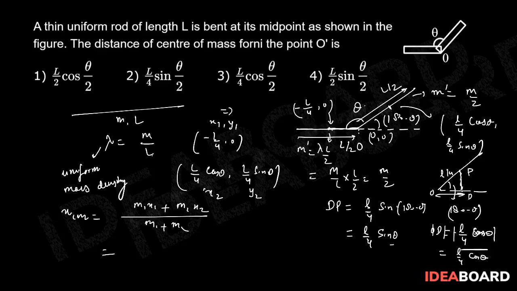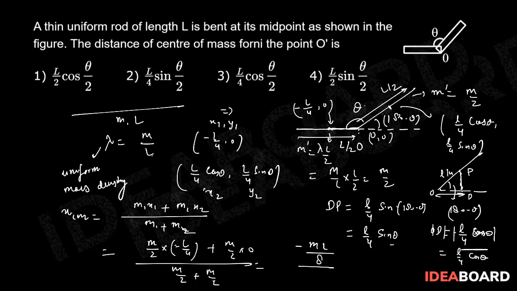So m1 is M by 2 into x1, which is minus L by 4, plus M by 2 into 0, divided by total mass, M by 2 plus M by 2. So we get minus ML by 8 divided by M, which cancels out, so minus L by 8.